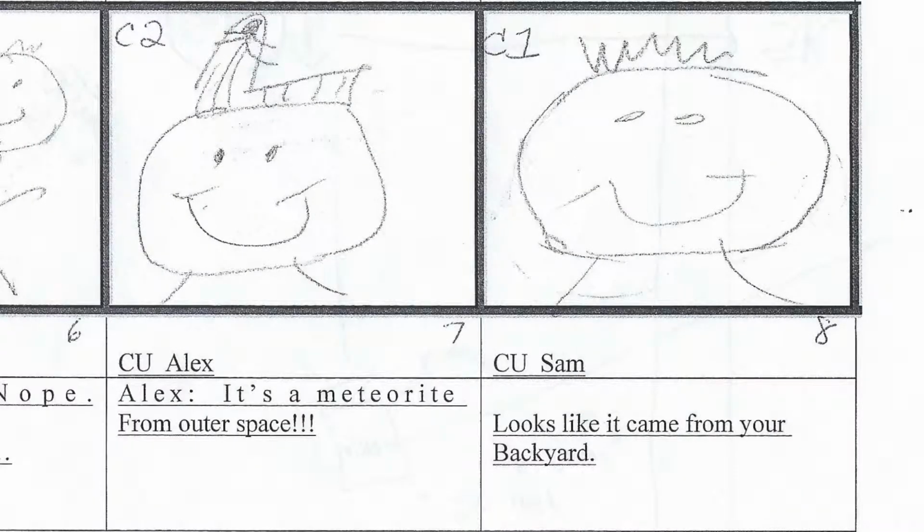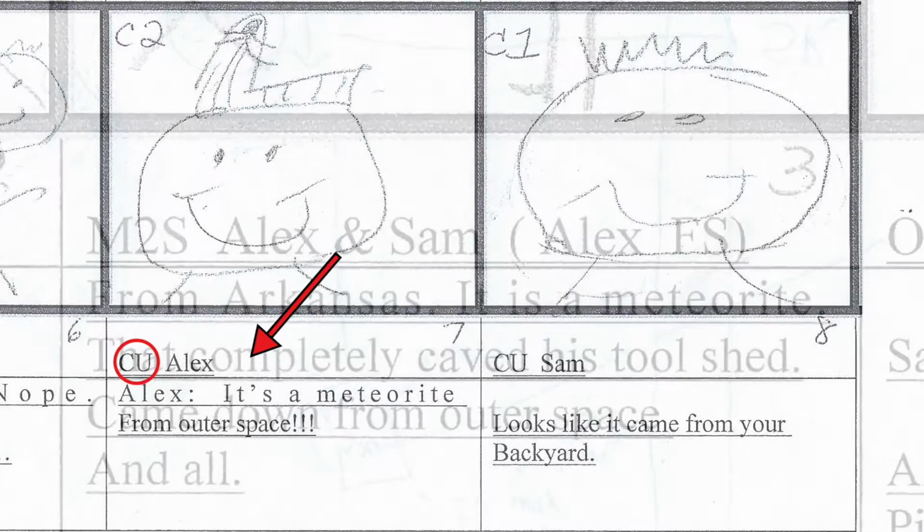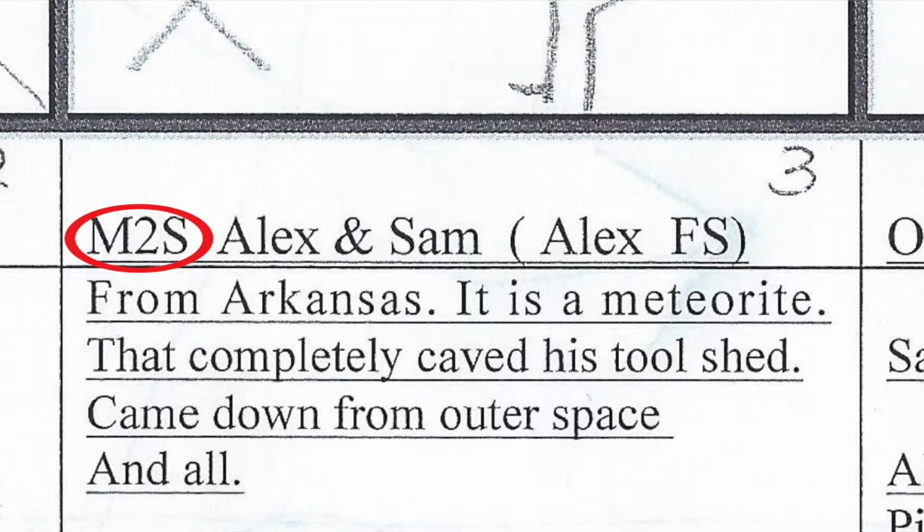Below the frame where you draw, the first box you come to is the visual that you're going to be using. So close-up, anchor 1, close-up, anchor 2, medium 2 shot of your 2 characters if you're doing an episodic. That's going to go in that first smaller box. And then underneath is the dialogue. So the bottom larger box is where you're going to type in the dialogue of the script with your storyboards.